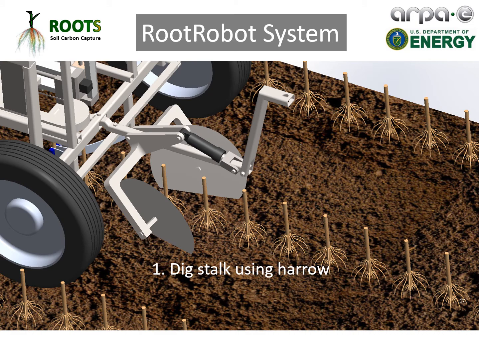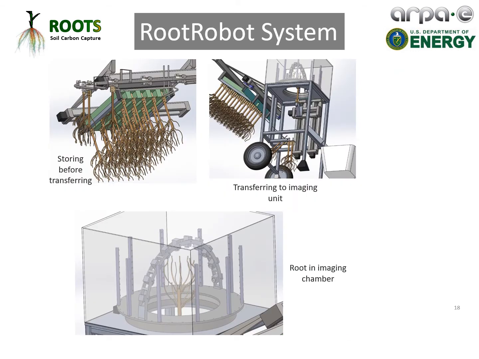This next slide illustrates how the chisel takes out the actual stalk and the rootstock, and then this goes through a whole process of washing, and the rootstocks are then placed in imaging loaders, and then they're imaged using a clever arc of cameras in which they're able to obtain some extraordinary three-dimensional root systems architecture traits.